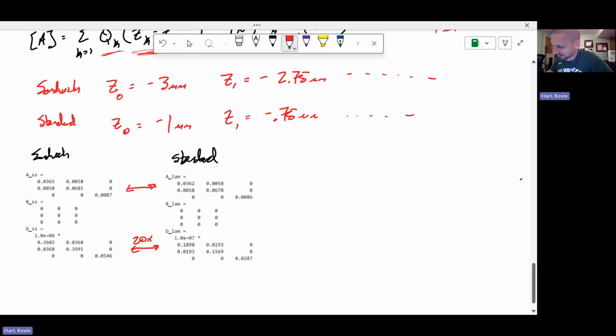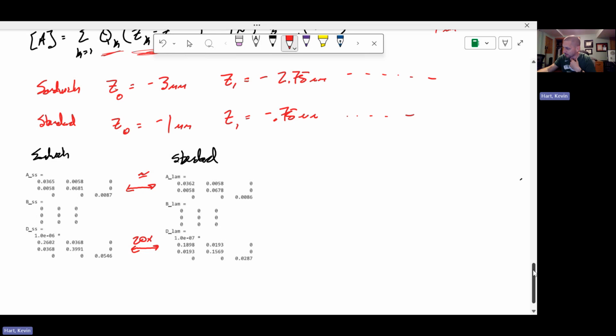However, the A matrices are not particularly different. They're about the same. So it's really interesting that the A matrix, which tells how much strain you get with tension, has not a lot of difference, but the D matrix, which tells you how much curvature you get under bending, has a tremendous difference. And that all is because of the core of the structure.